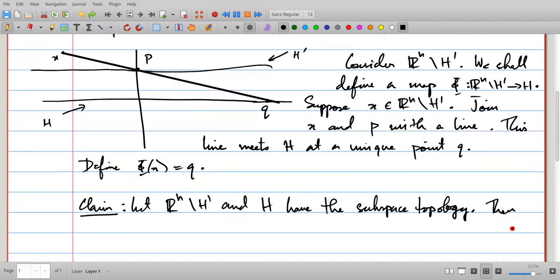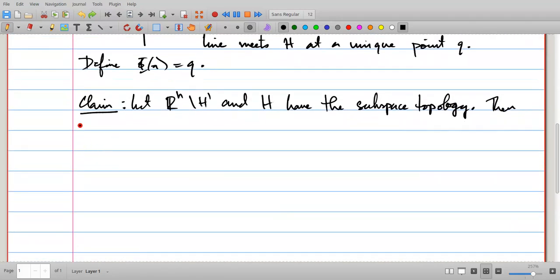Then the map phi from Rn minus H prime to H is continuous.